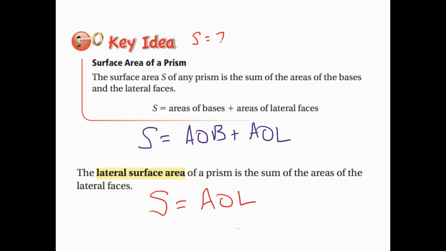Surface area equals 2 times length times width plus 2 times the length times the height plus 2 times the height times the width. And this is only for rectangular prisms. Let me write that.